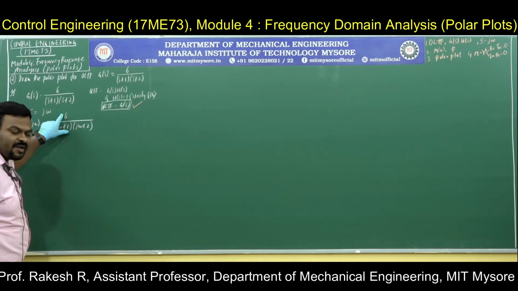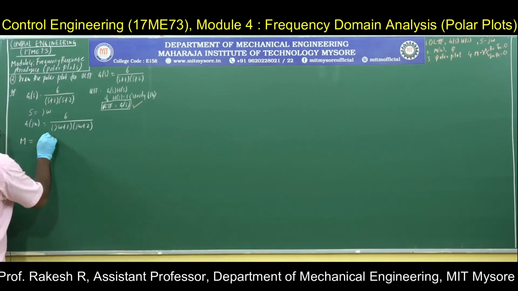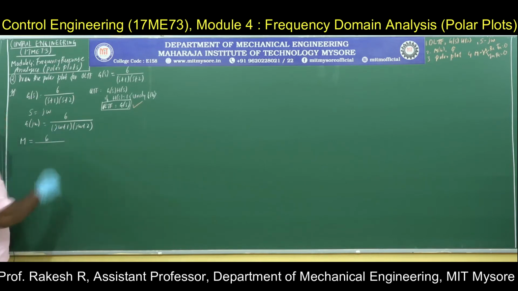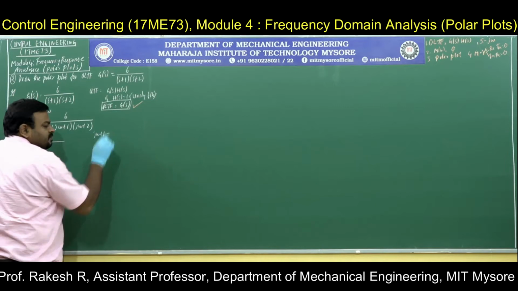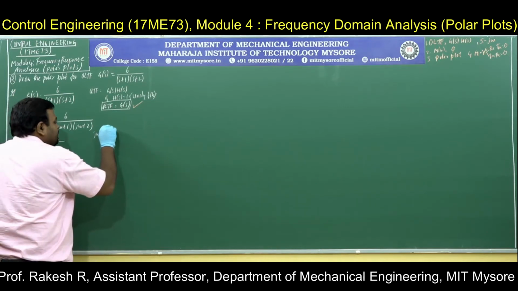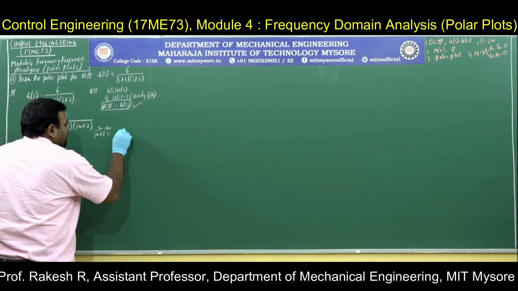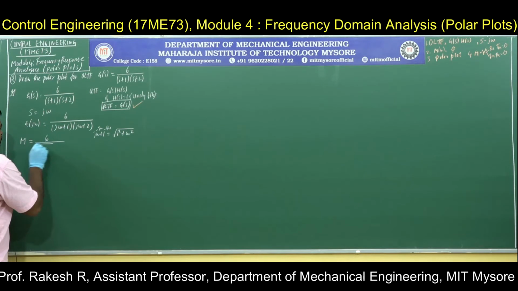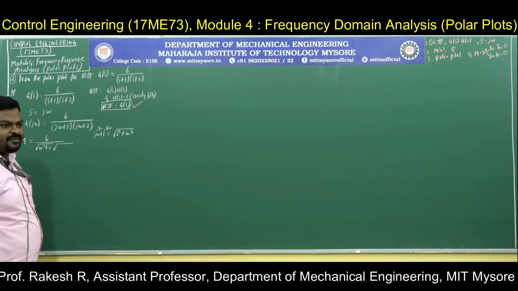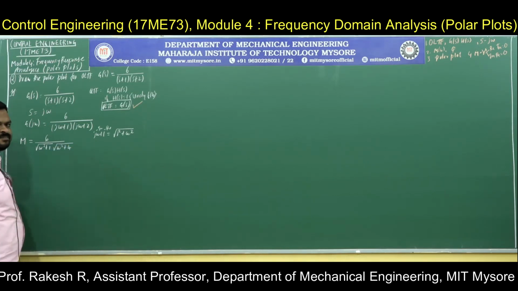The square root of 6 square plus 0 square, the square and root get cancelled, so it is 6. And for j omega + 1, 1 is the real part and omega is the imaginary part, so the magnitude is the square root of 1 square plus omega square. Similarly, for j omega + 2, the magnitude is the square root of omega square plus 2 square.